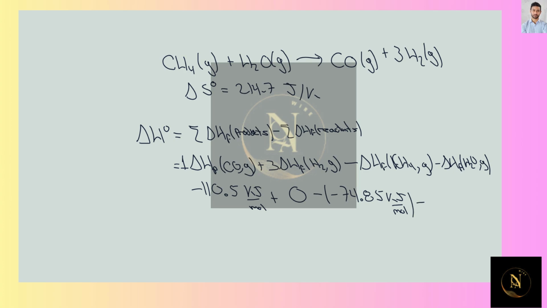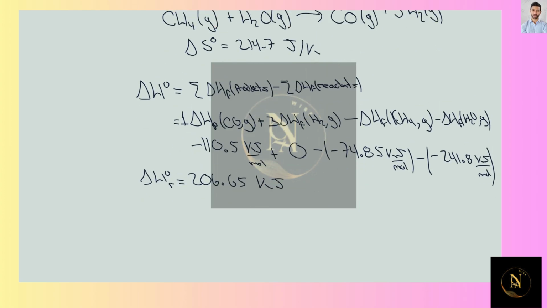And finally, for water, we have minus 241.8. Remember to always verify that you're employing the correct value in the correct phase. So the value for delta H for this reaction will be equal to 206.65 kilojoules.